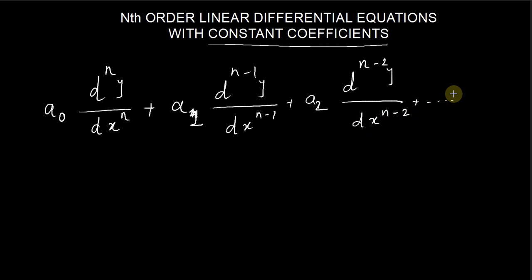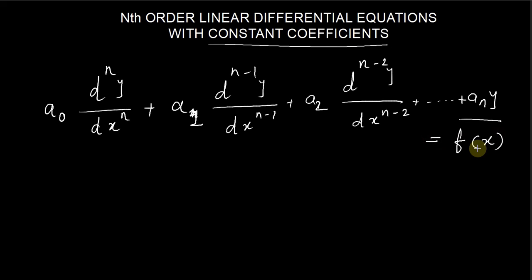And linear stands for the degree of this equation, or we can say there are no two derivatives multiplied, no dependent variable and derivatives are multiplied. Non-derivative term, single term of y is there. This equal to f of x. This is the general form of nth order linear differential equation with constant coefficients.